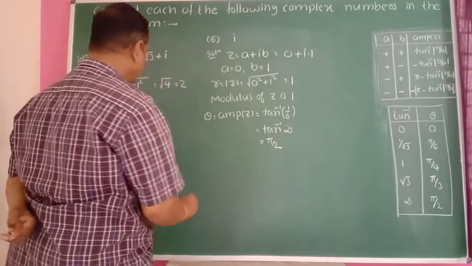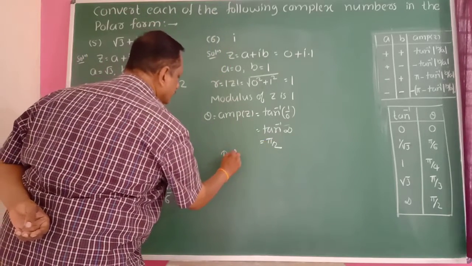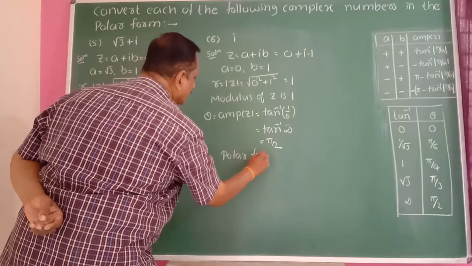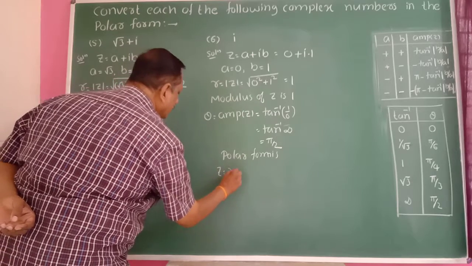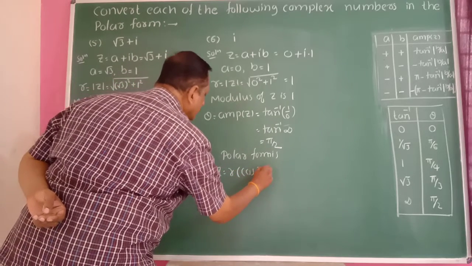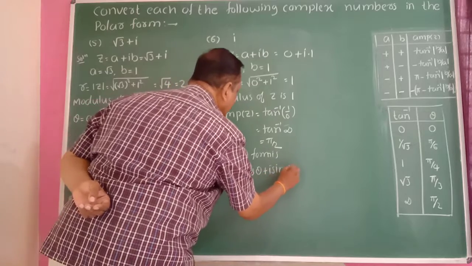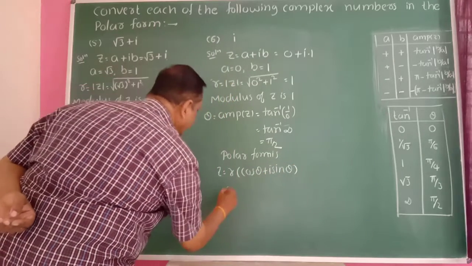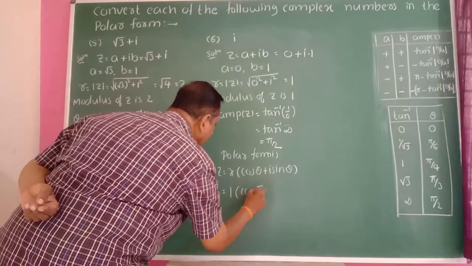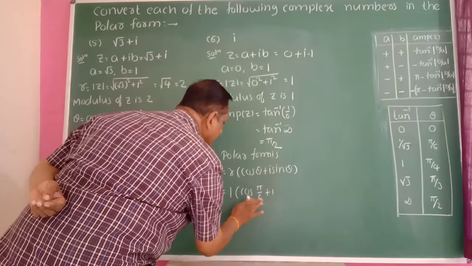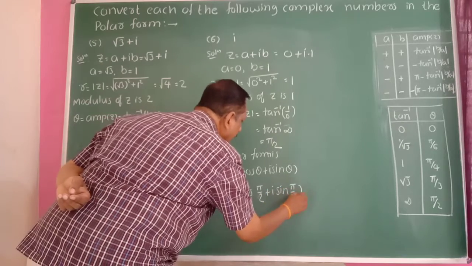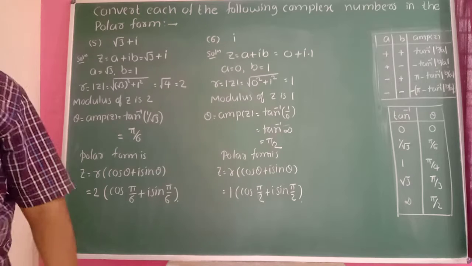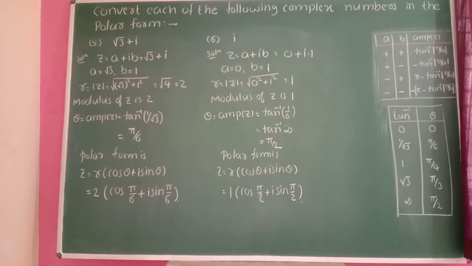Therefore the polar form of the complex number is z = r (cos theta + i sin theta). Then the r value is 1, so 1 into (cos pi by 2 plus i sin pi by 2). So i can be written as 1 into (cos pi by 2 plus i sin pi by 2).